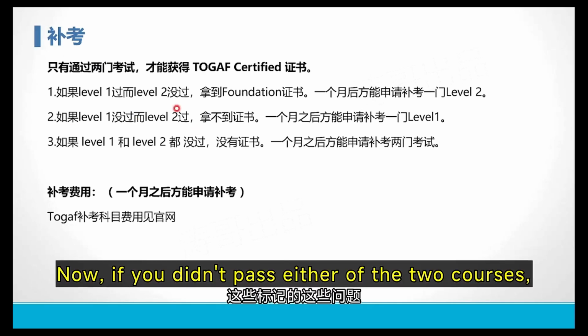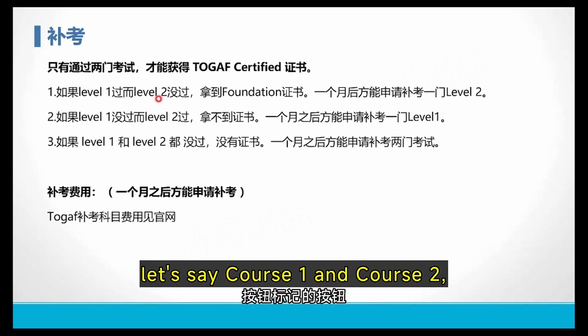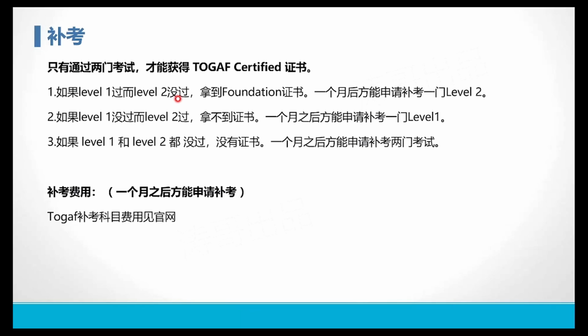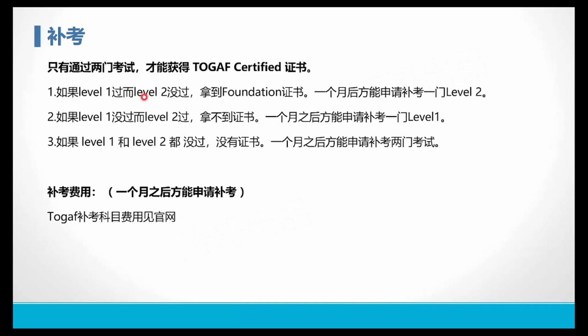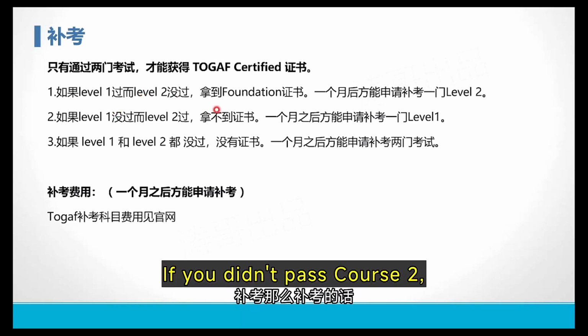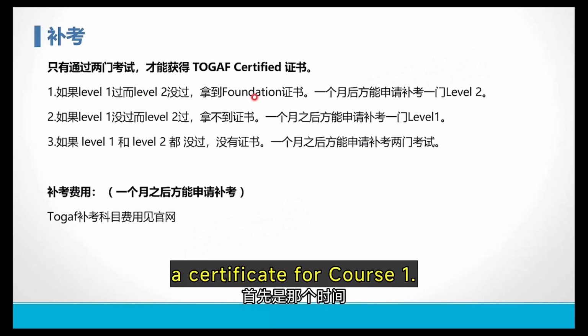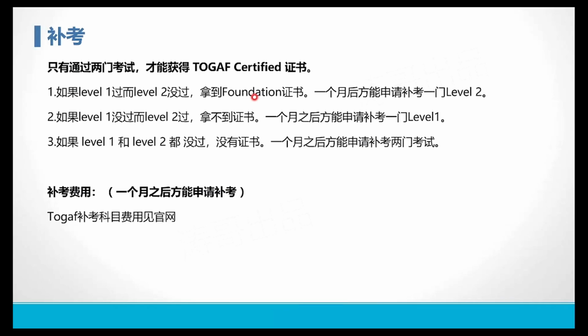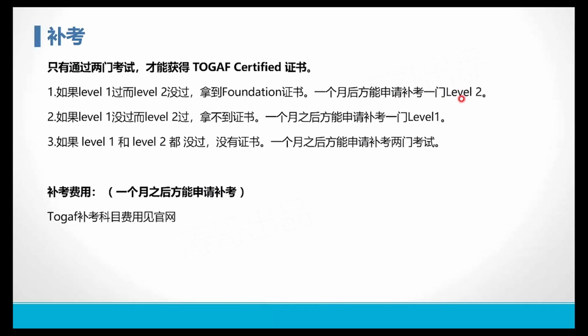Now, if you didn't pass either of the two courses, I mean both of them, let's say course 1 and course 2, and you signed up for both at the same time, if you passed course 1 but not course 2, you can still get a certificate for course 1. Then, a month later, you can retake course 2.